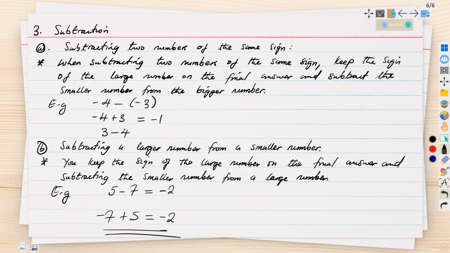Then let me tell you now about the multiplication sign. Oh, not multiplication, I'm talking now about brackets. When you have a number outside the brackets like this, 2 open brackets 3, you must always know that there's a multiplication here.